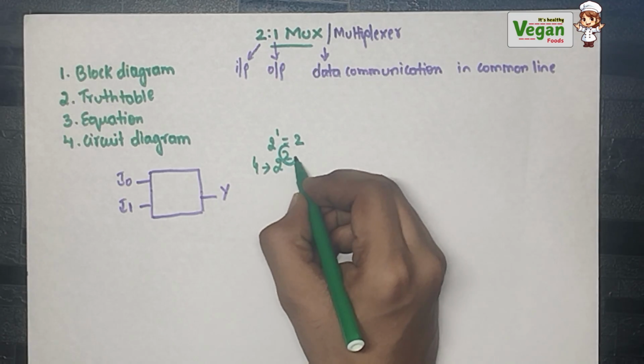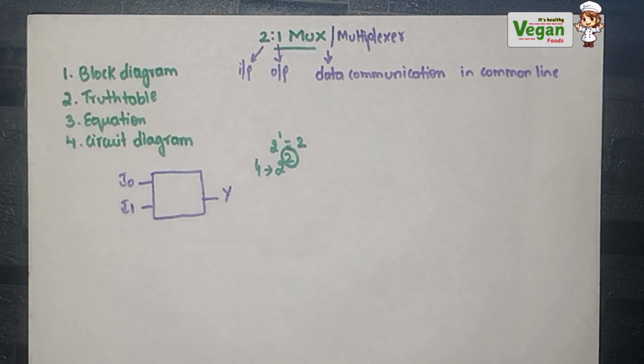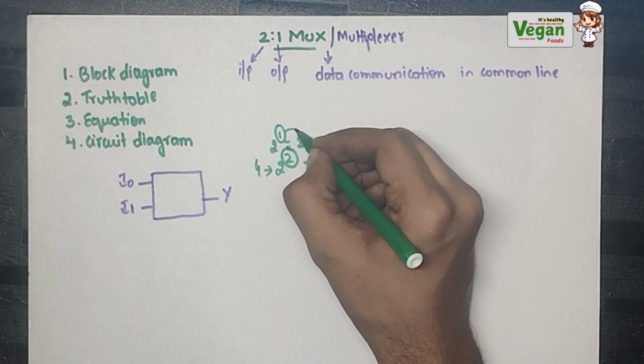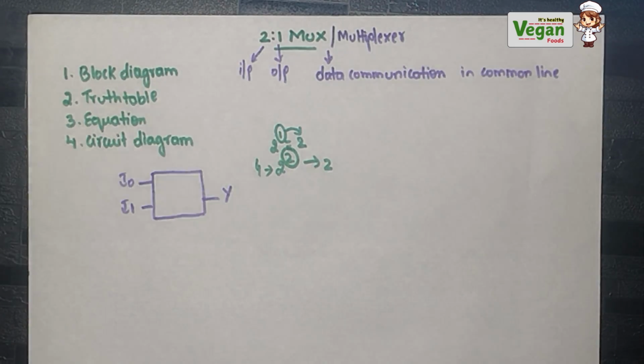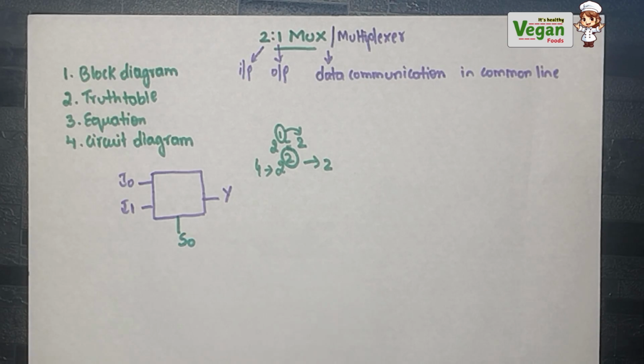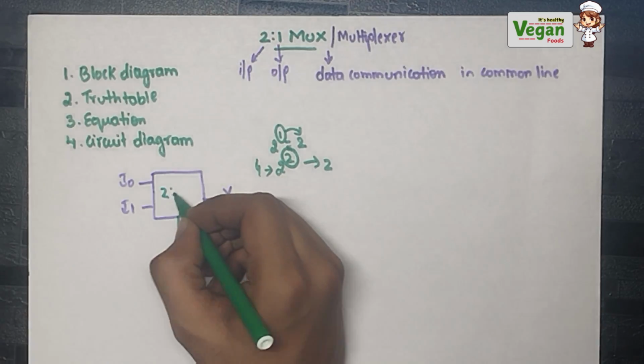The power is 2, so 2 selective lines will be required in a 4:1 mux. Here, only 1 selective line is required. I will call this selective line S0, the one selective line we are using in the 2:1 mux.